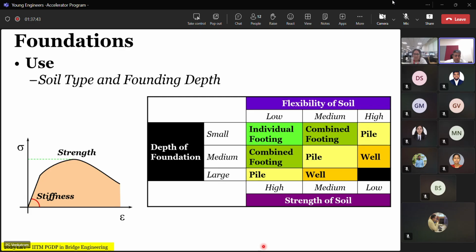Of course, there are always some outliers in which you end up choosing a different arrangement, which are also incorporated in certain foundations.